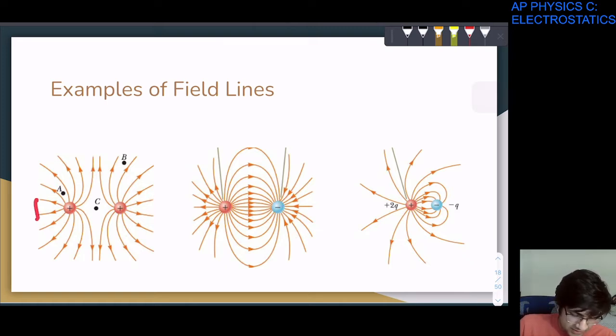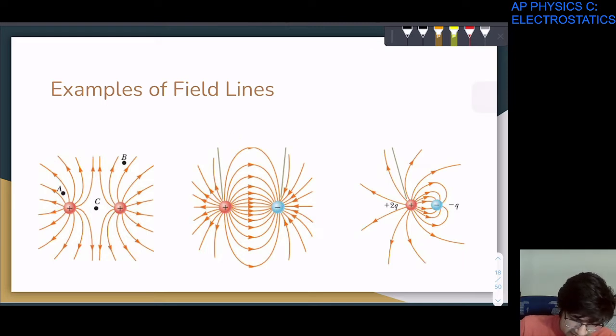So here and here, you have the same strength due to symmetry, same thing over here and over here. In the center over here, what would you experience? Well, you would experience repulsion, right, from both of these positive charges.